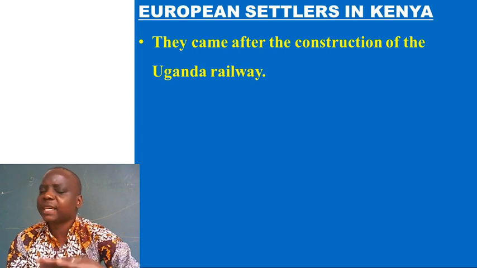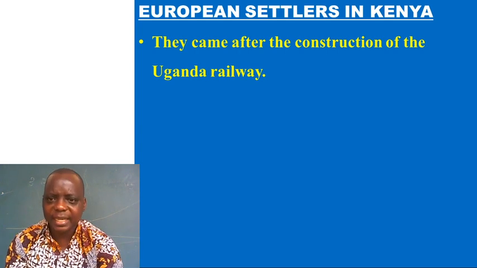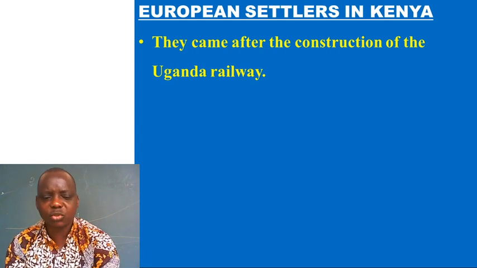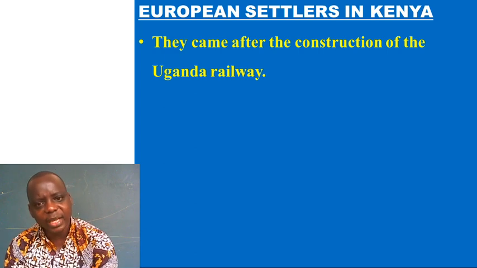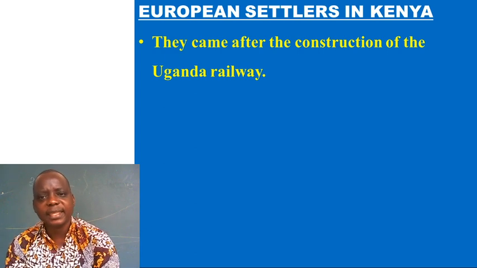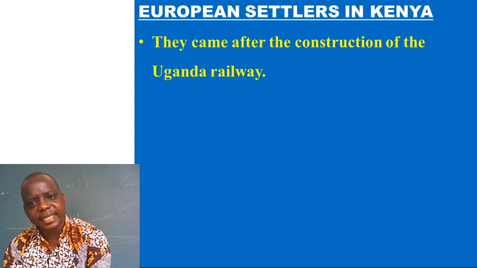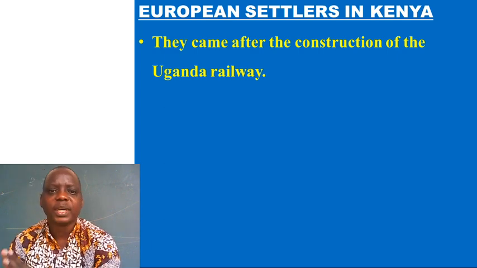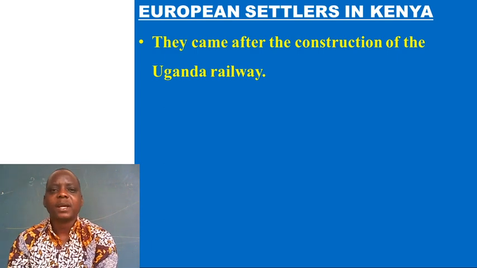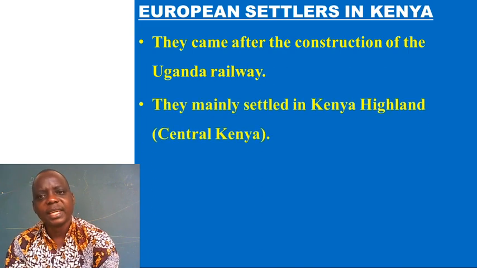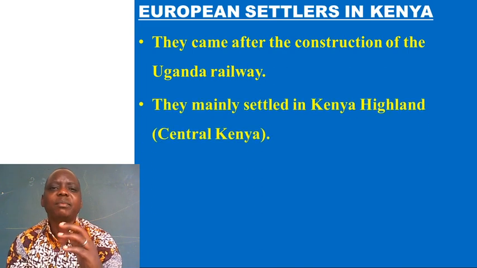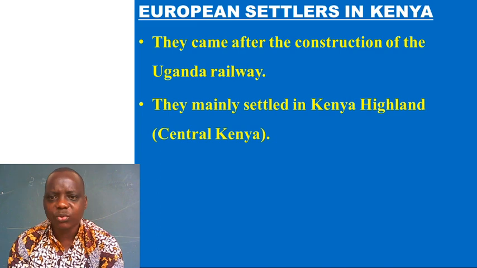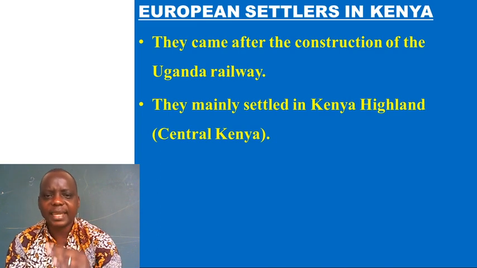This railway does not only run through Uganda, but it runs through Kenya to Uganda. It is the railway line that opened the interior of Uganda and connected or linked it to the coast of Mombasa.